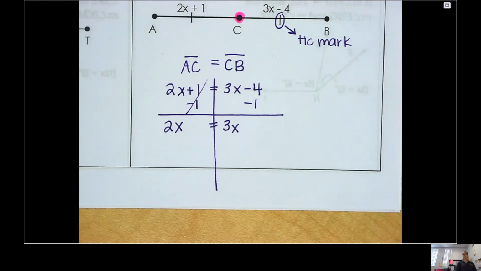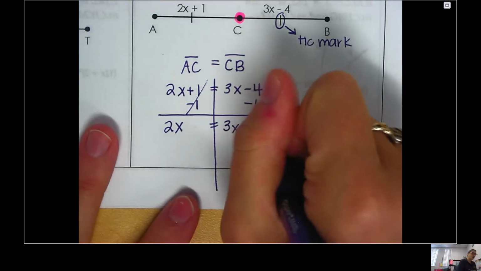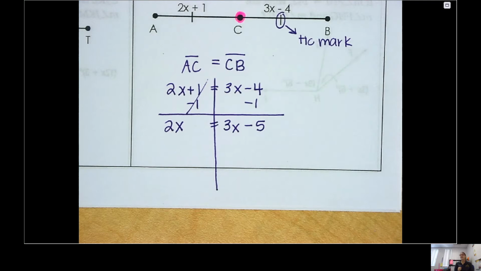So, that. And then what's -4 minus 1? -5. Yeah. I borrowed $4, then I borrowed another $1. Borrowed $5. Okay, now what? You can add the 2 with the 3. Right or no? So no, subtract the positive.